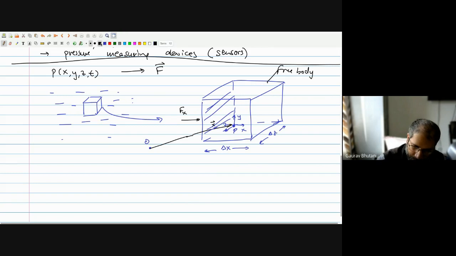Similarly, the force acting by the liquid on the right hand side plane is F at x plus delta x, because this plane is at a distance of delta x from the left plane. Similarly, you have forces Fy, and I won't draw the z ones because the figure becomes cluttered, but you can understand where the z direction forces are acting.